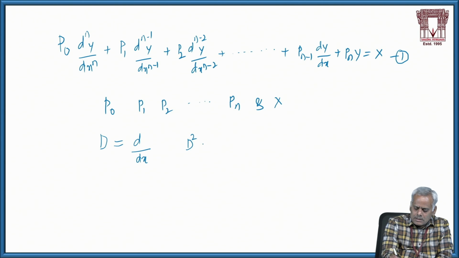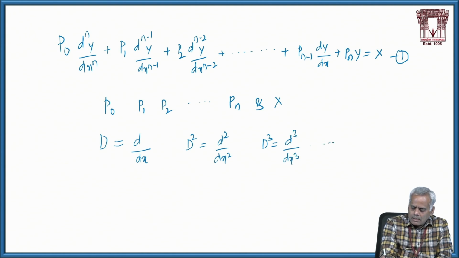Then D square is d square by dx square, D cube is d cube by dx cube, and D power n is d^n by dx^n.